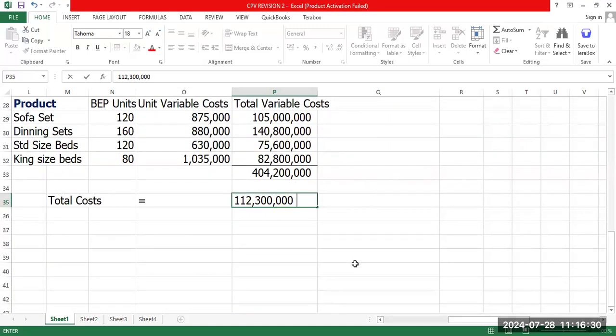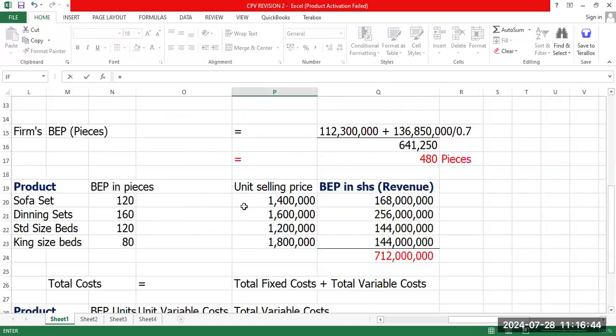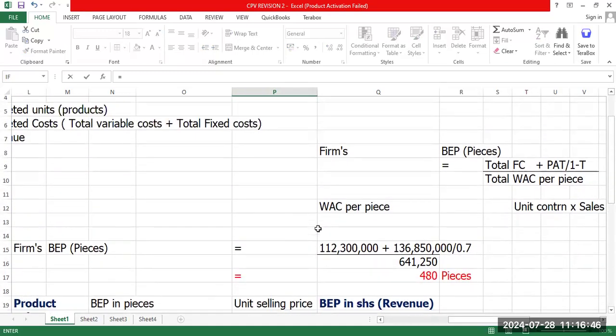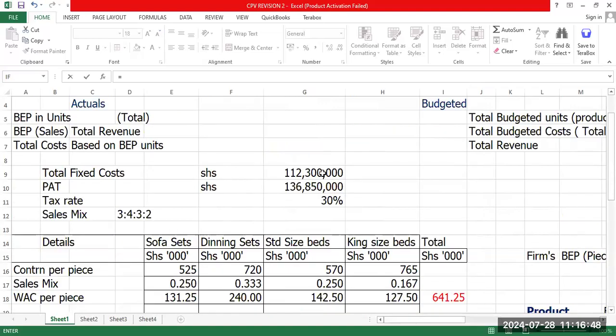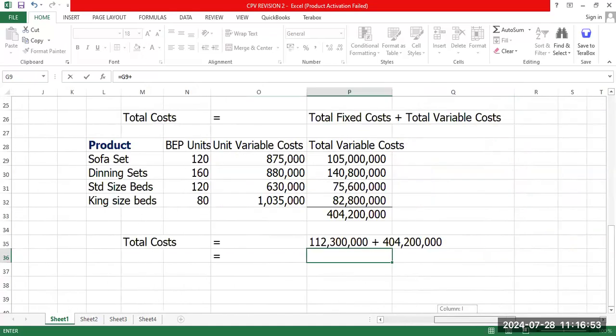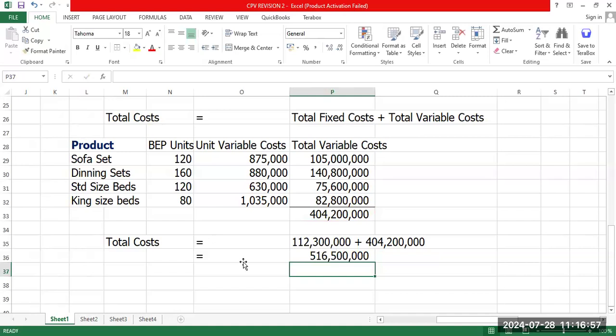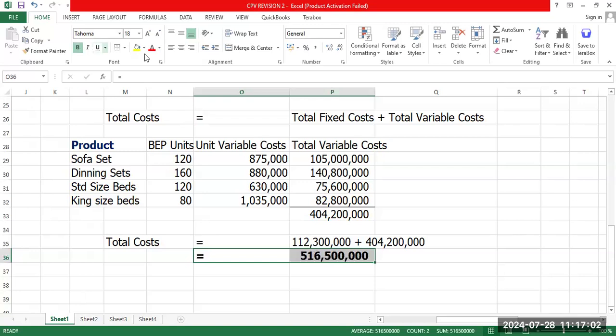Then I add 404,200,000. Then I just do this, and I add this. Do you have this, colleagues? As your total fixed costs, total costs.